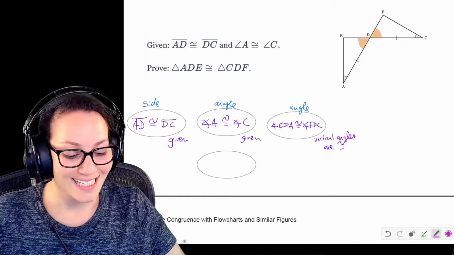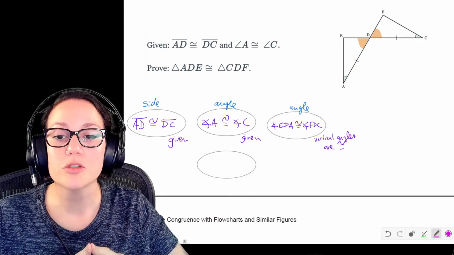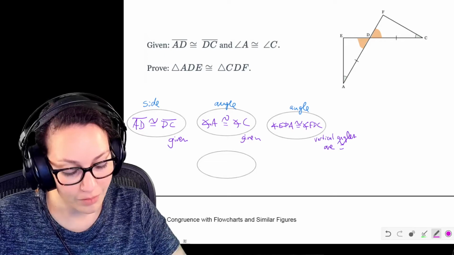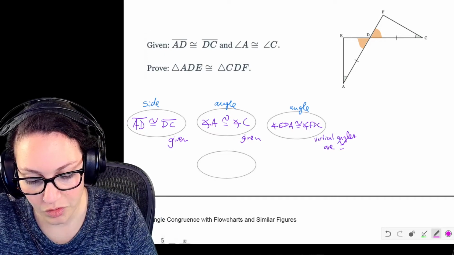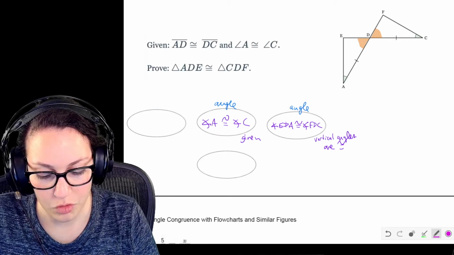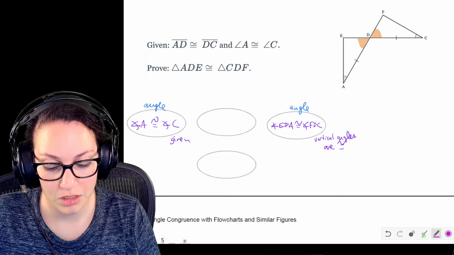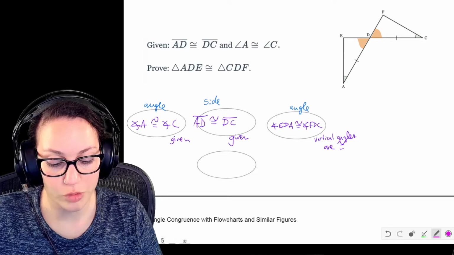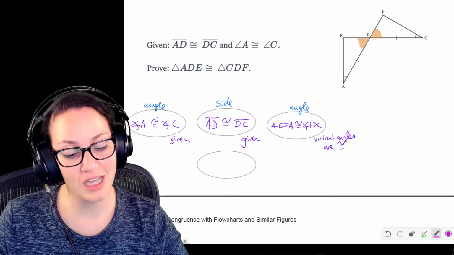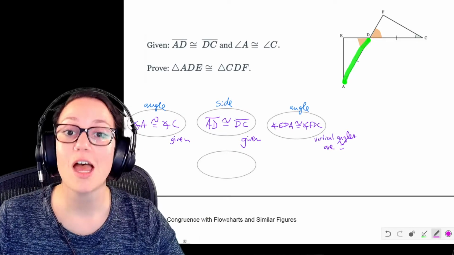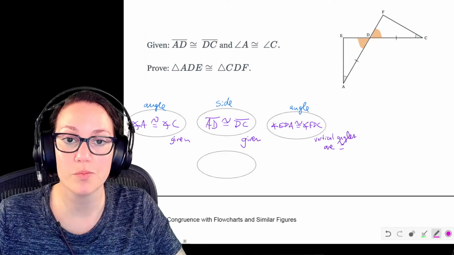So, since the side is sandwiched between our two angles, I'm going to actually swap this and put this over here just so that our flow chart kind of matches our actual situation. I didn't see where that was going at first, but now that I can see that my side is between the two angles, I'm going to go ahead and put it between my two angles in the flow chart also.